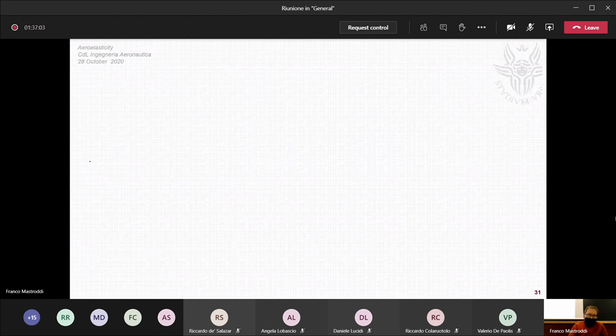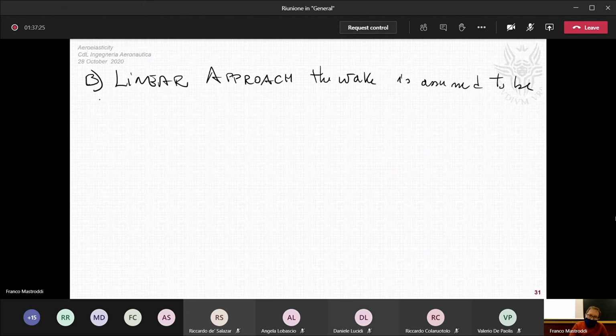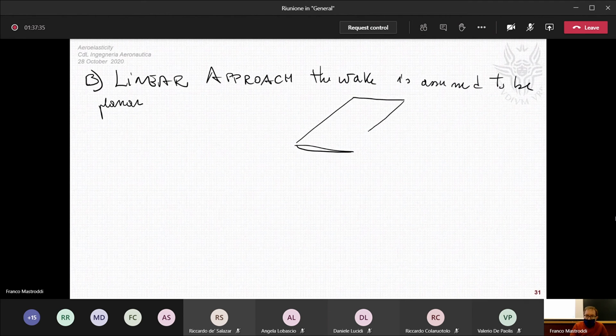The linear approach: the wake is assumed to be planar, as generated by the trailing edge line translation.